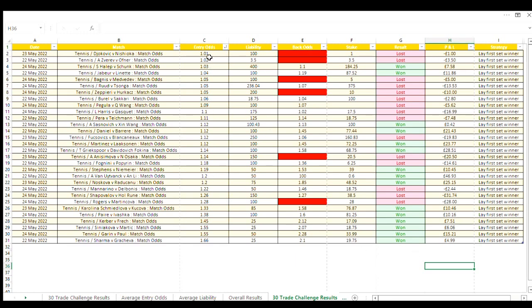If I just leave it there for the time being and turn my gaze over to the result column, you can see that when I've laid lower, I've generally tended to lose. When I've laid higher, as you can see, I've generally tended to win.